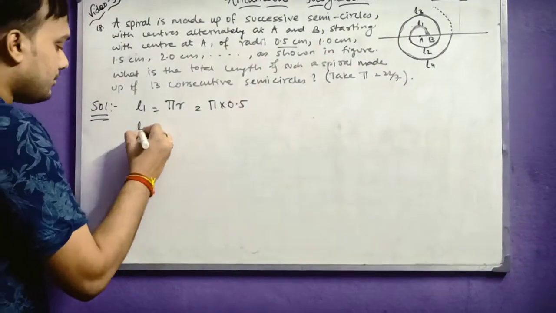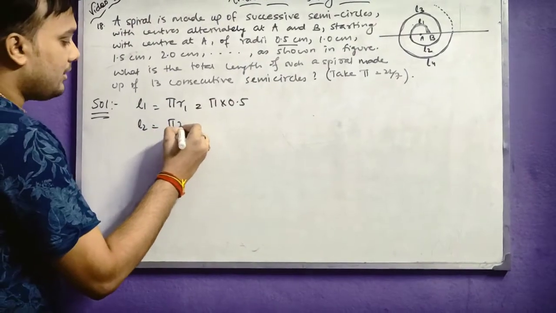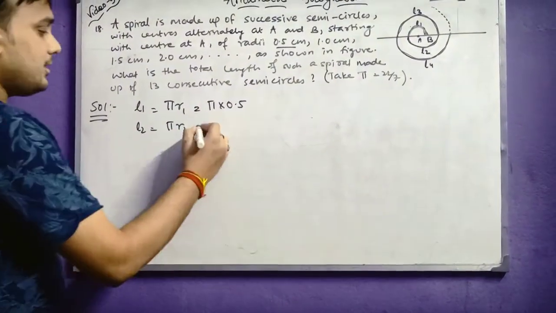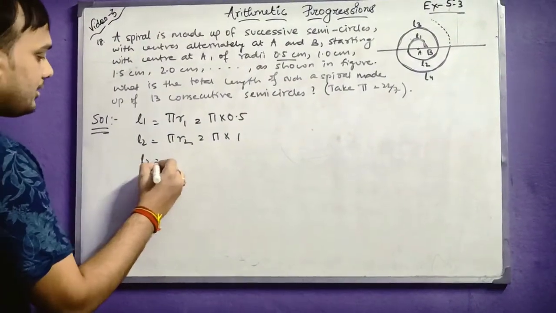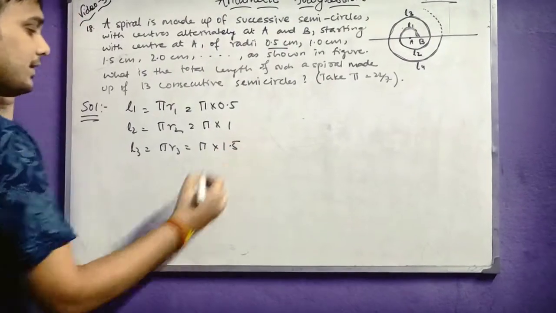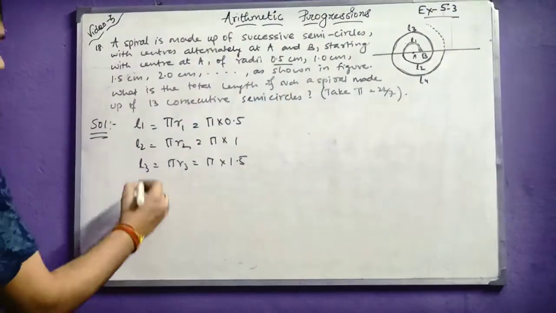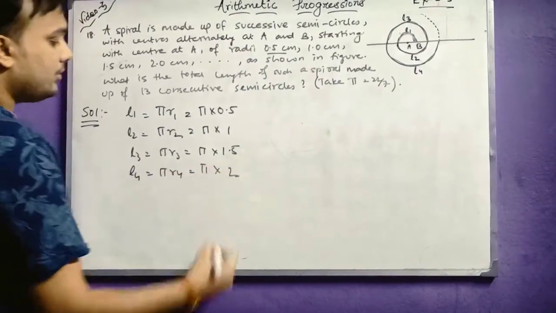What is L2? L2 will also, let it be R1. It will be pi R2, that is pi into 1. What is L3? Pi R3, pi into 1.5. What is L4? Pi R4, pi into 2.